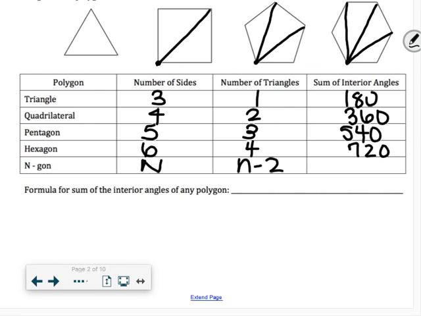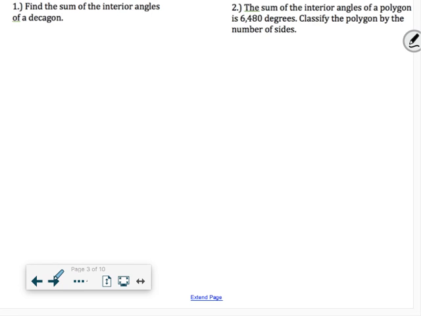Because it was increasing by 180 each time, my equation would be n minus 2 times 180. So the formula: y equals n minus 2 times 180. Let's apply that rule on the next examples.